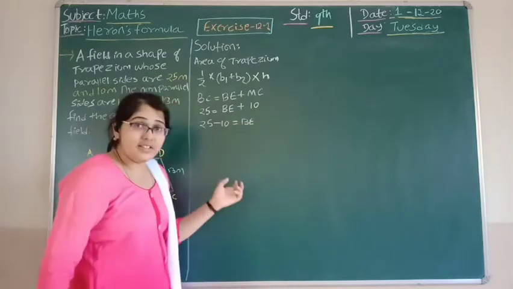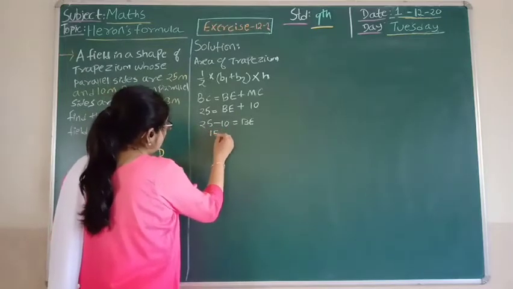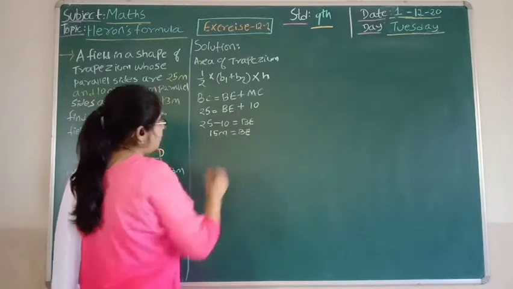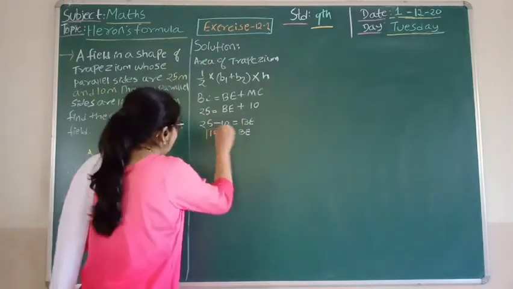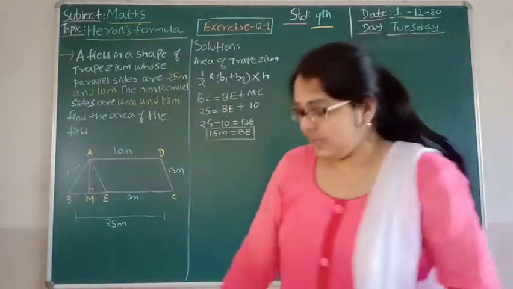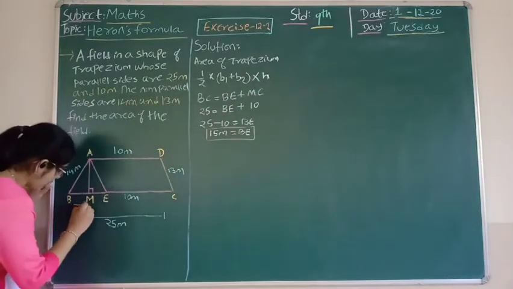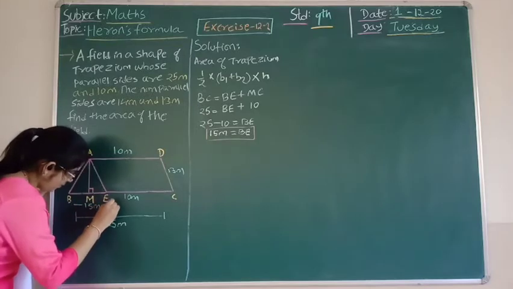So BE is 15 meter, and I will write BE over here as 15 meter, this is 10 meter.